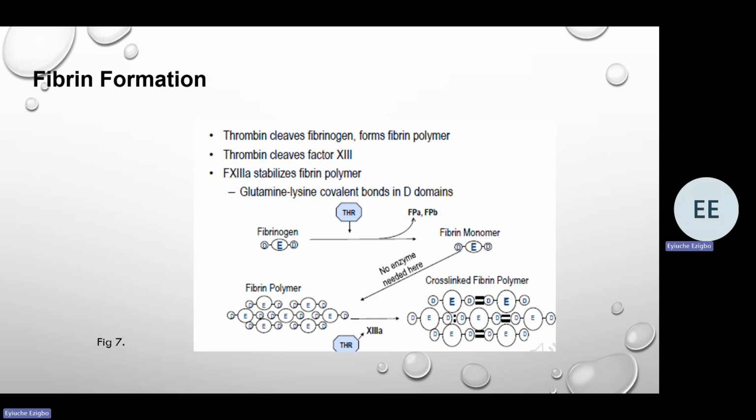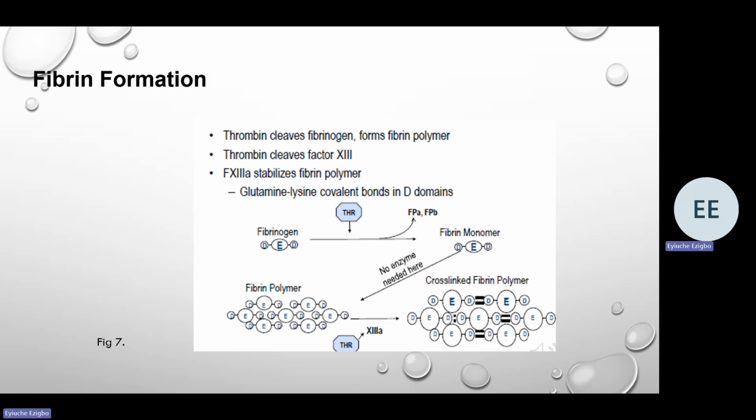Meanwhile, thrombin cleaves factor 13. Factor 13 catalyzes the cross-linking of fibrin polymer gamma chains, making glutamine-lysine covalent cross-linked, or stabilized, fibrin polymer, the key substance of the clots.